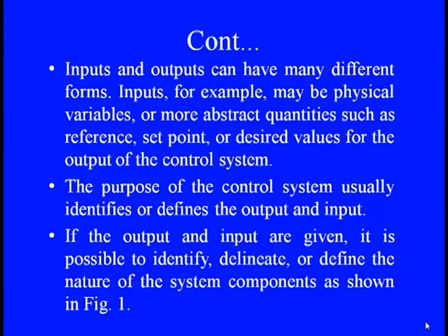So, input and output can have many different forms, like physical variables or abstract quantities, which can be set as the reference, the set point, or the desired value as an output.